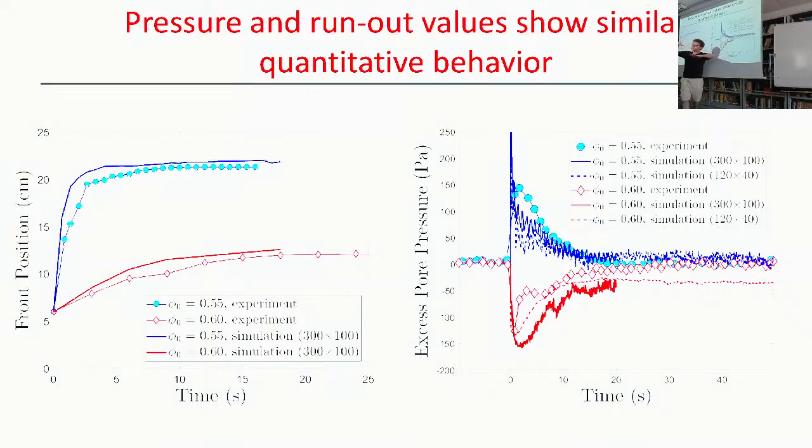That's the front position versus time for the two different cases. But like I said, it's not important that you nail it. You have to nail it for the right reason. So here is that pressure that they measured in the back corner. If this is what I think it is, in the dense case, the pore fluid pressure will go tensile. It's going to go negative, it's suction.